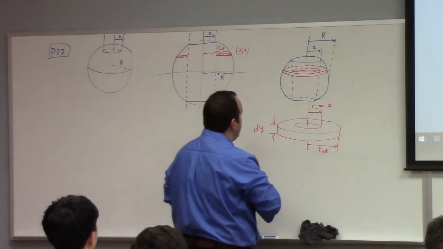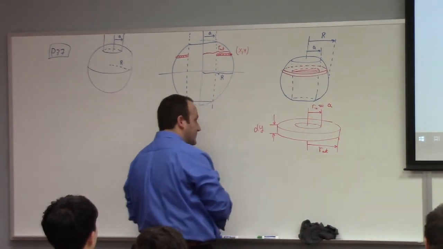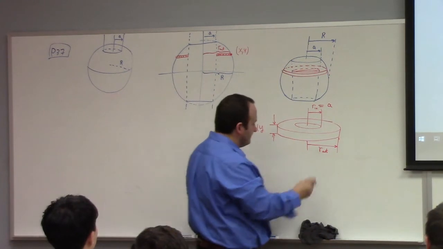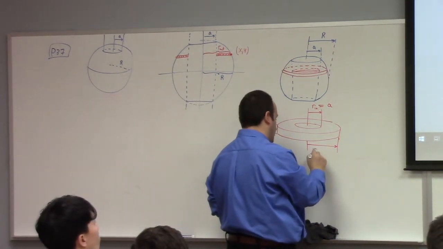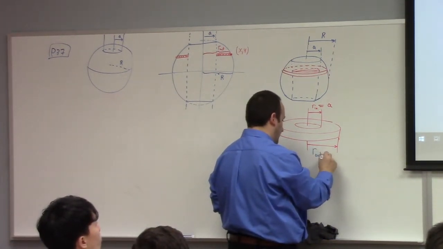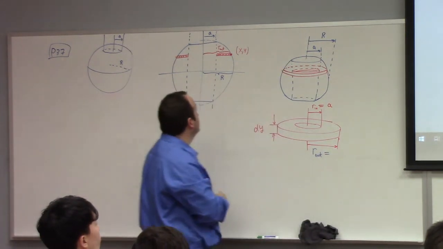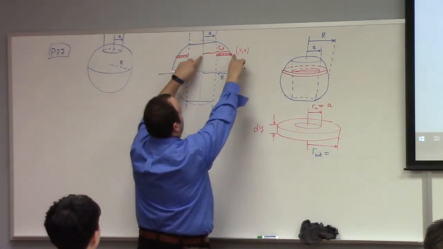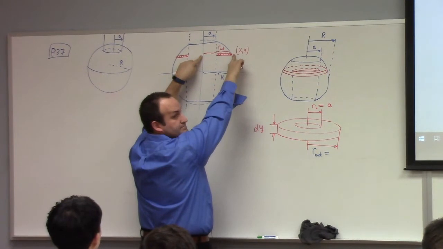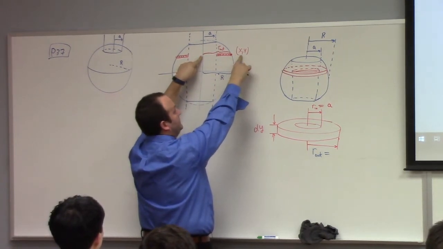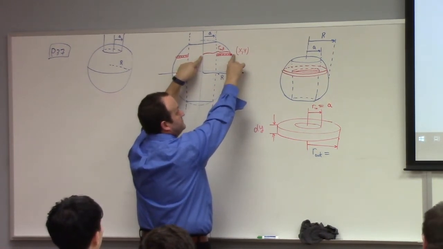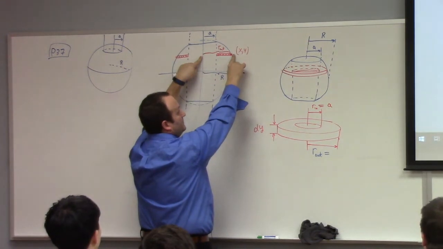X minus a, nope. Not dx, nope. What is this distance called relative to that point? It's just x.